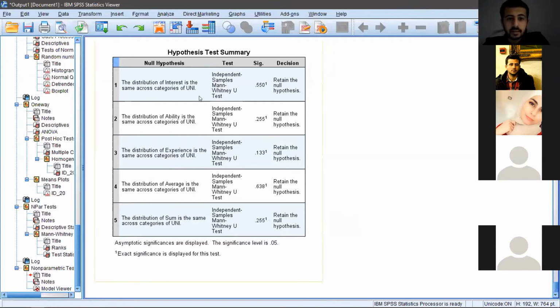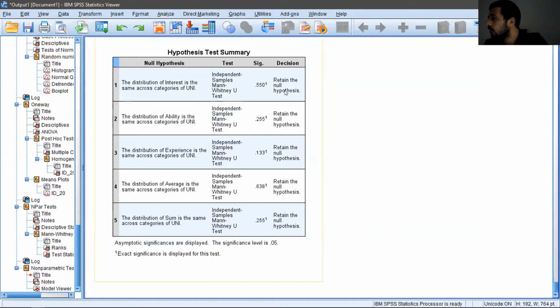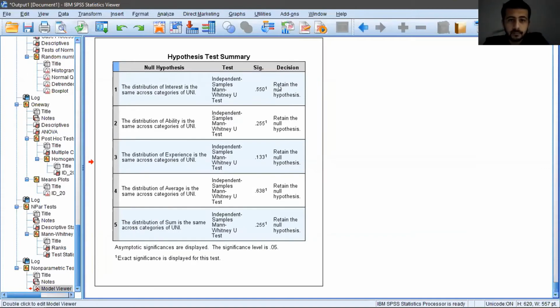Okay, let's look at this. This has something special to be done. You can actually click on that line and you will see what will happen.